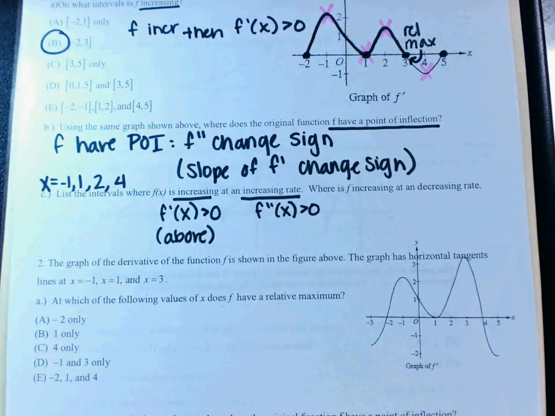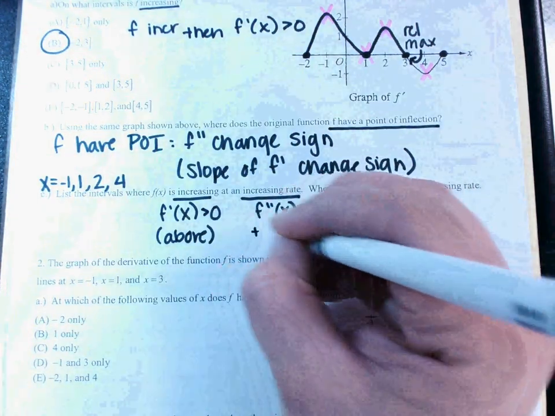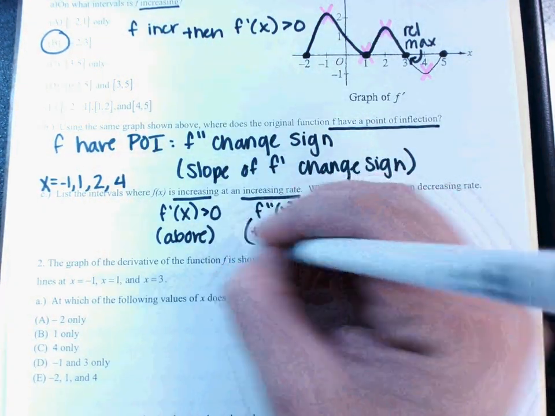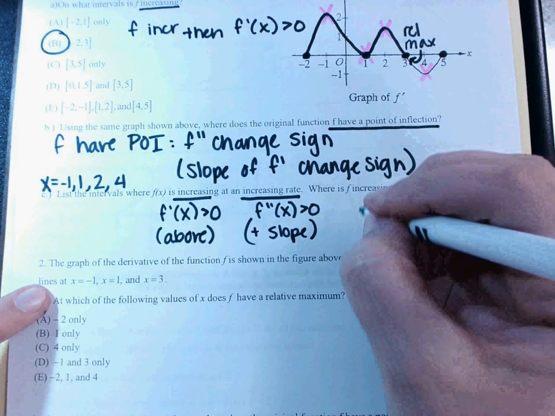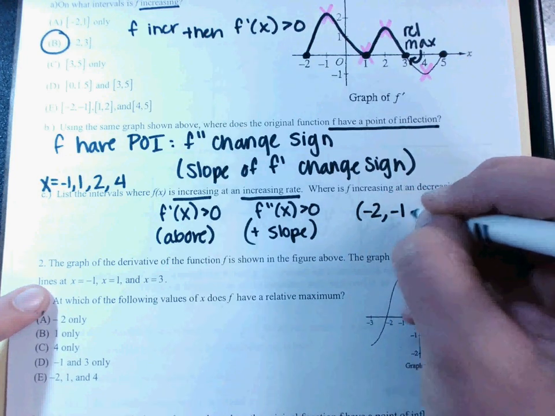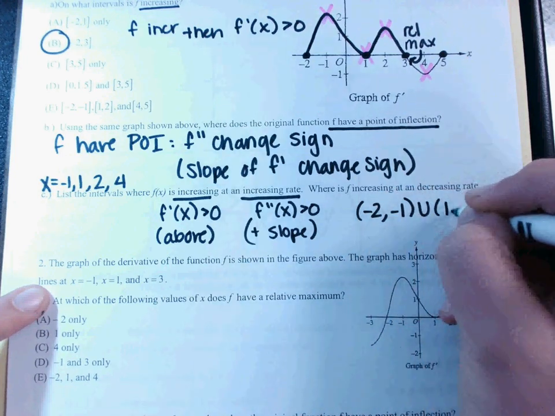Which means what characteristic am I looking for in the graph? A positive slope. So then look at your graph. Where is it both of those things? Above, and it has a positive slope. 2 places. -2 to 1 and 1 to 2. Very good. -2 to -1, union 1 to 2.